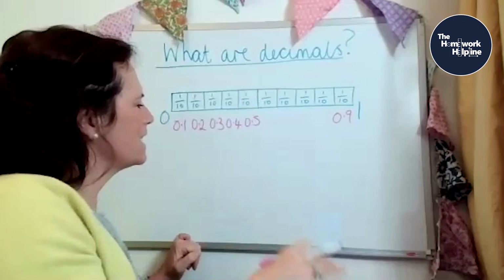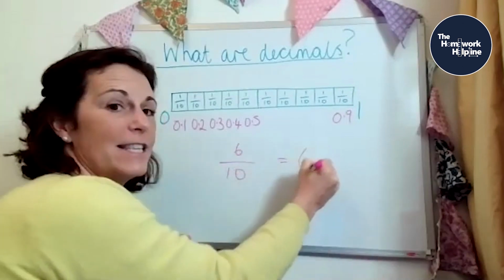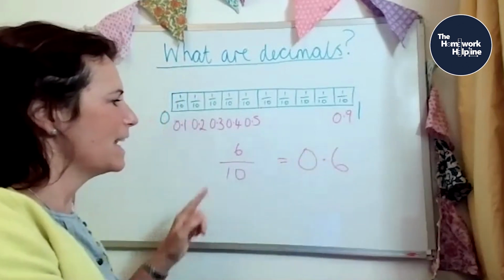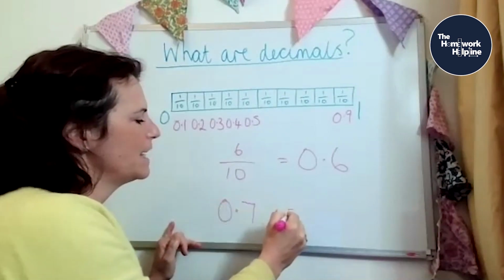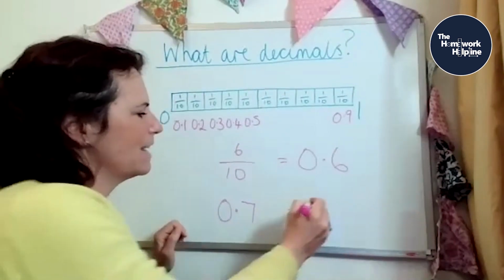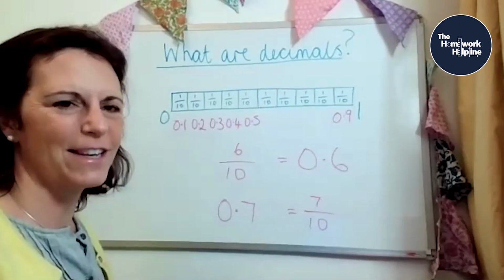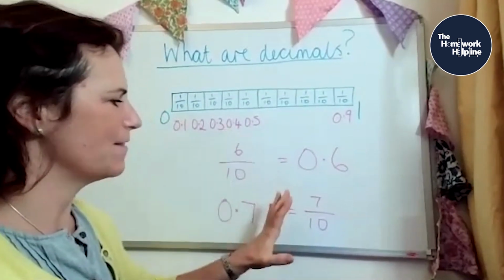What is 6/10? Would be 0.6. Excellent. Now let's do it the other way around. If I wrote 0.7, how many tenths is that? That is 7 tenths. Good, well done. I can see that you're getting this. Brilliant. Okay, so that is tenths.